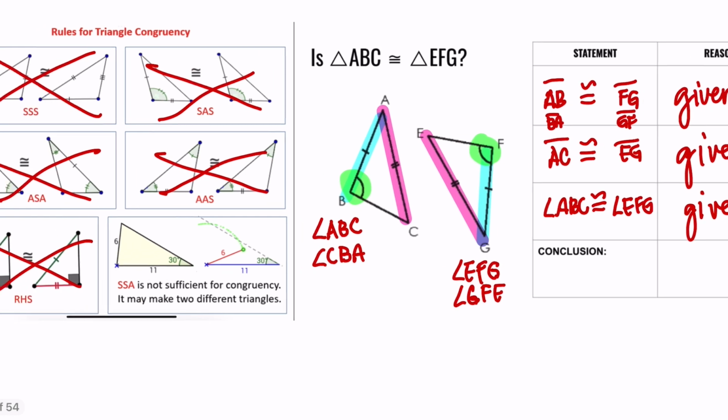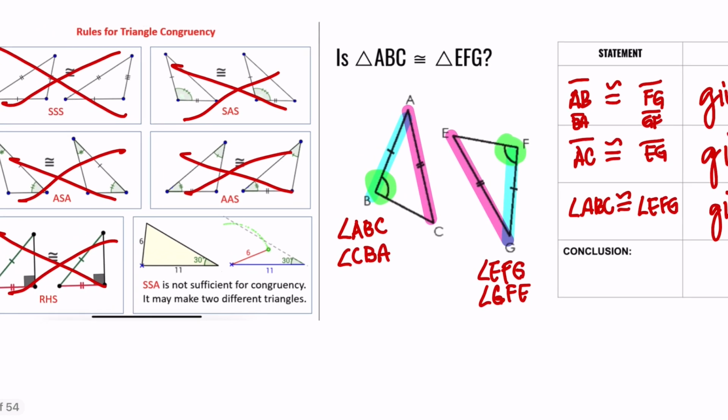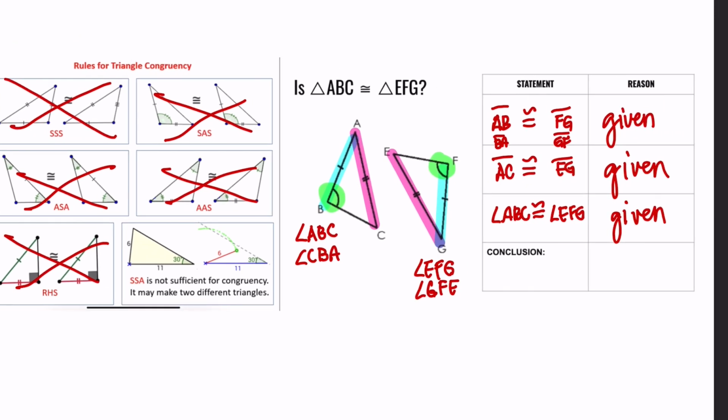So by elimination, we eliminated all 5 rules. So what is left? Side, side, angle. Side, side, angle. And based on this, when the side, side, angle are the only ones congruent, then our conclusion is this, these two triangles are not congruent.